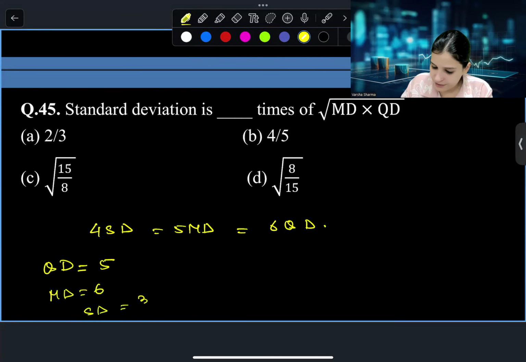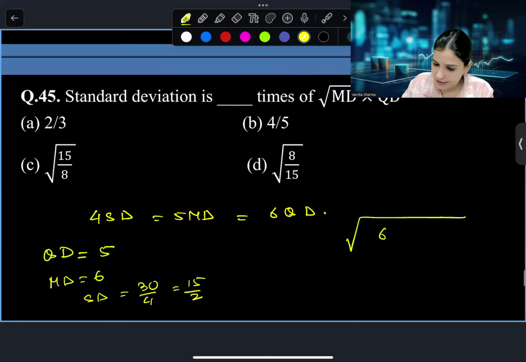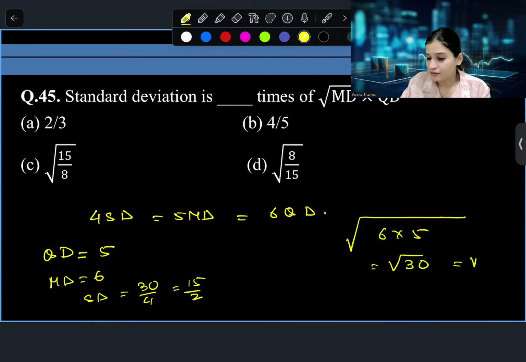Standard deviation will be 30 by 4, so 15 by 2. Under root, mean deviation into quartile deviation is root over 30. Right? Root over 30. Agree? No. So standard deviation will be how much times of this?